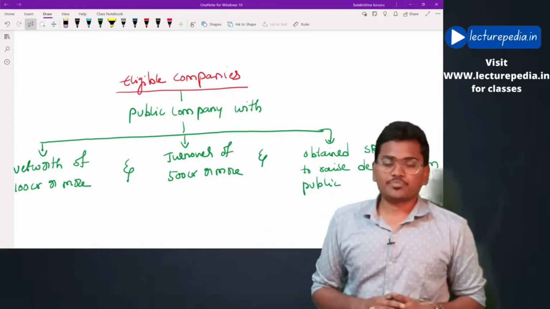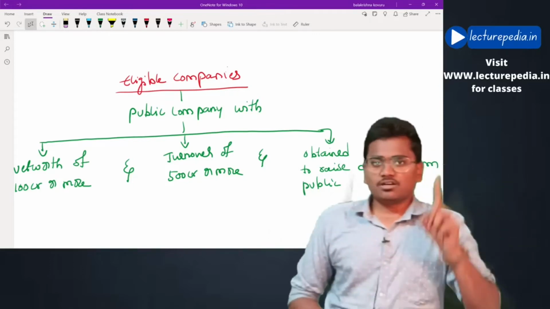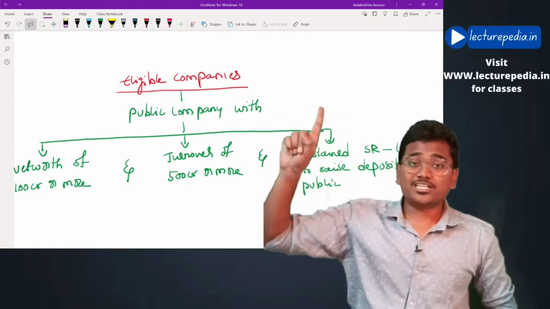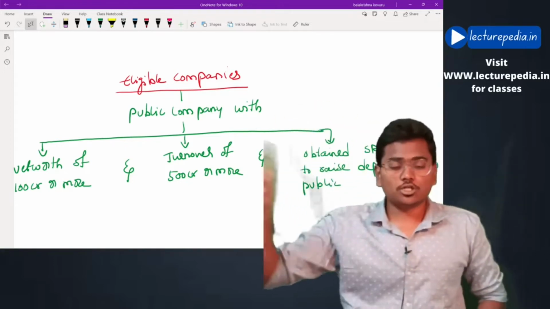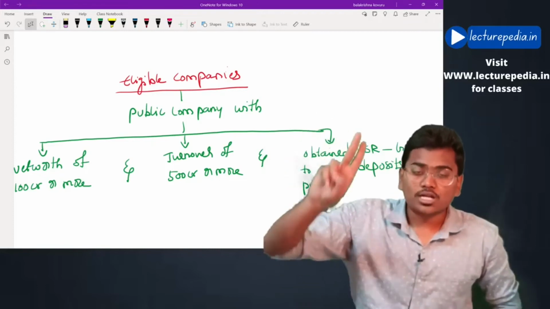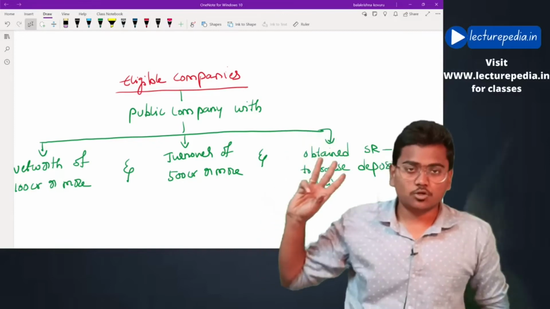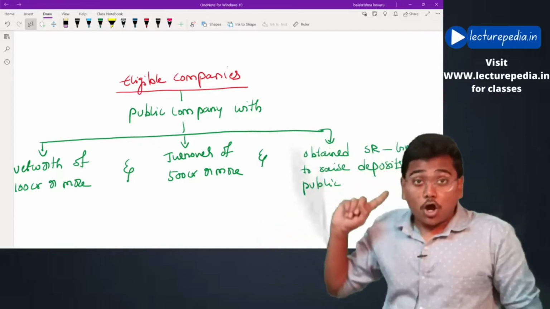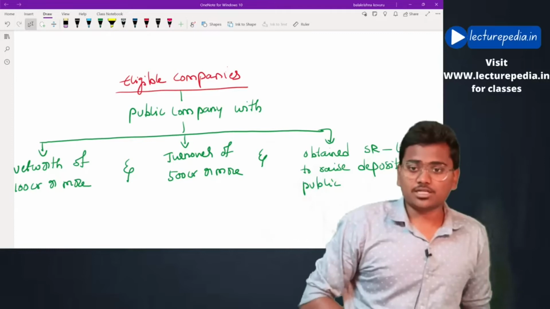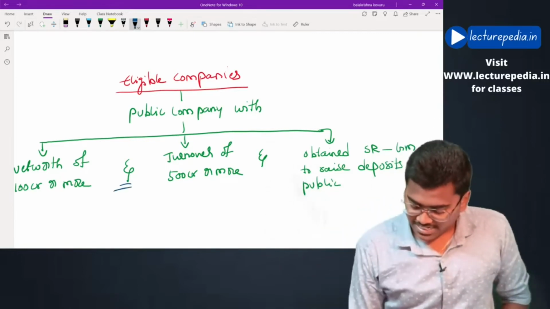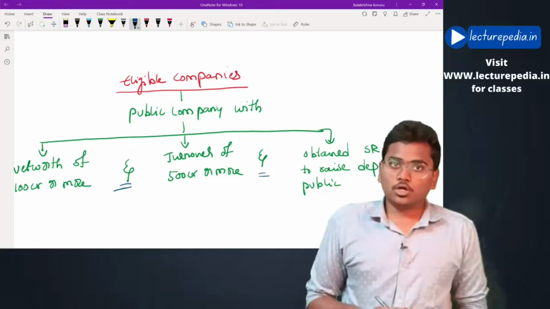Again, what are the three conditions? First, the company must be a public company, with net worth of 100 crores or more. Second, turnover of 500 crores or more, and third, a special resolution in general meeting. Remember that all these three conditions must be satisfied, not any one of them. If you observe, I have written 'and'.